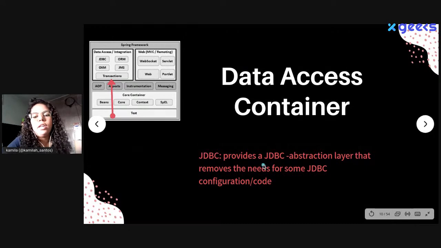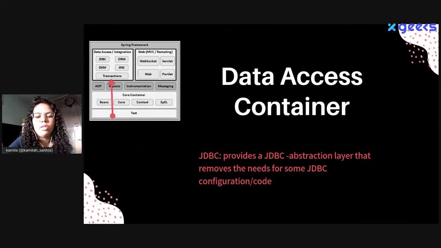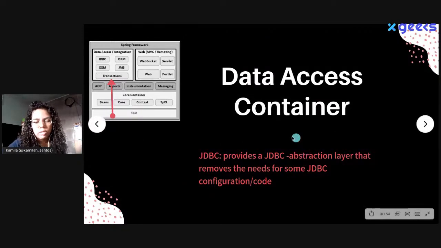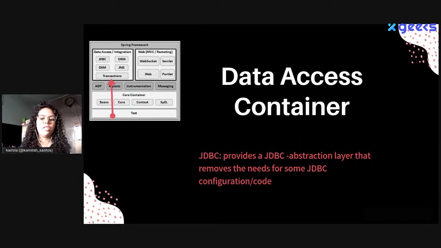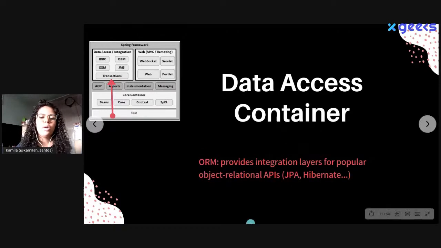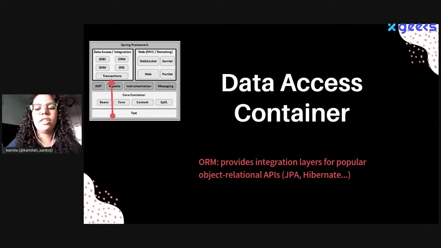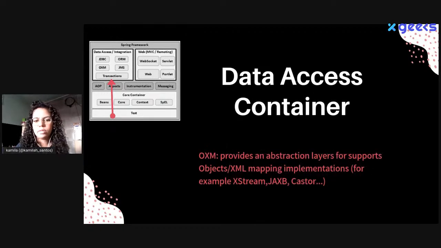In the data access container, we have some modules about accessing databases and data in general. We have the JDBC module that provides a JDBC abstraction layer that removes the need for some JDBC configuration and code. We also have the ORM module that provides integration layers for popular object-relational APIs, like JPA, Hibernate, and others.